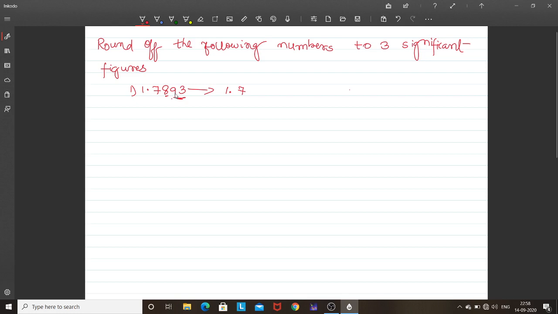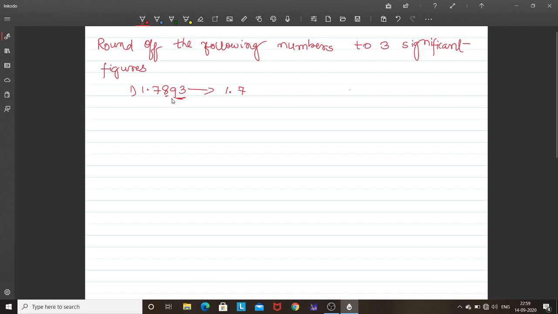See, take the first digit. What is that? You have a 9. Is it less than half a unit in the nth place? The half of 8 is 4. Is 9 less than 4? No, it is greater than 4.